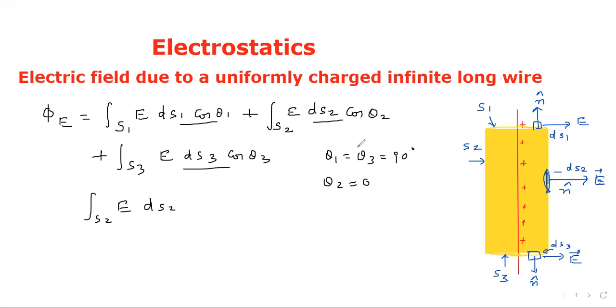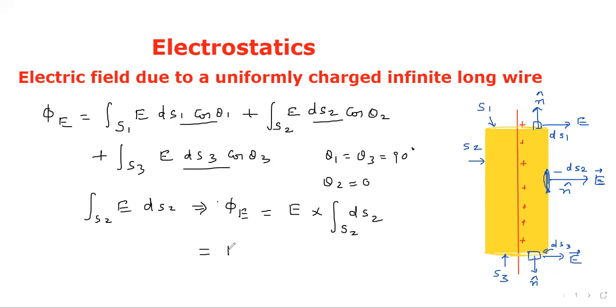Now ds2 means the area represented by this cylinder. So we can say phi E equals E times the integration over S2 of ds2, and ds2 means the curved surface area of the cylinder.